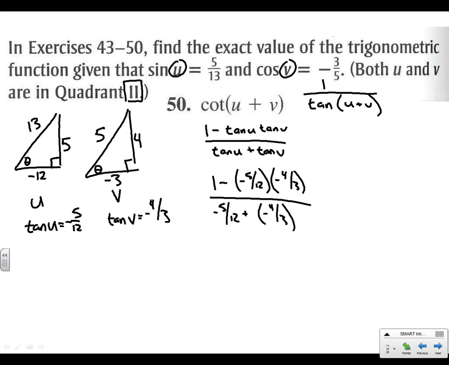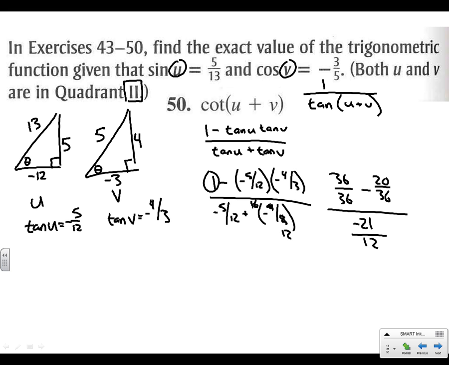We'll clean up the numerator here. 5 times 4, doing the second part first, is 20 over 12 times 3 is 36. 1, let's turn that into 36 over 36, so we have a common denominator. And then we need a common denominator here. Let's make this 12. Had to multiply by 4, so we'll make that 16. So negative 5 plus negative 16 is negative 21 over 12.